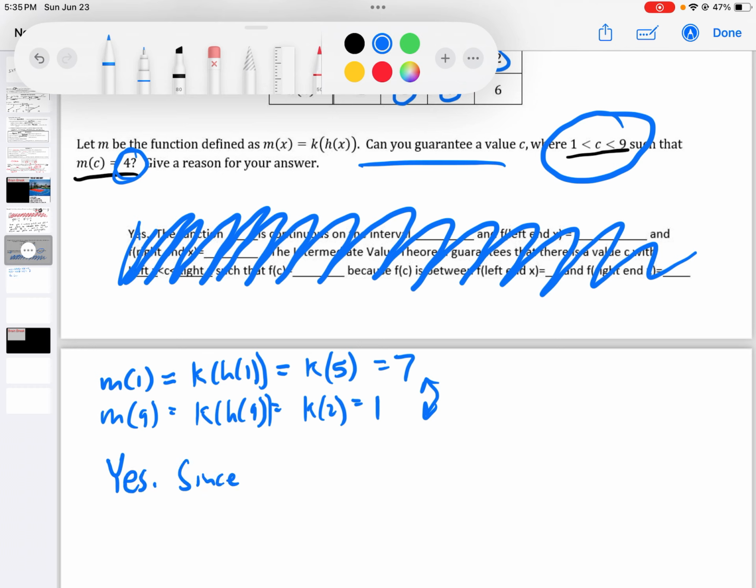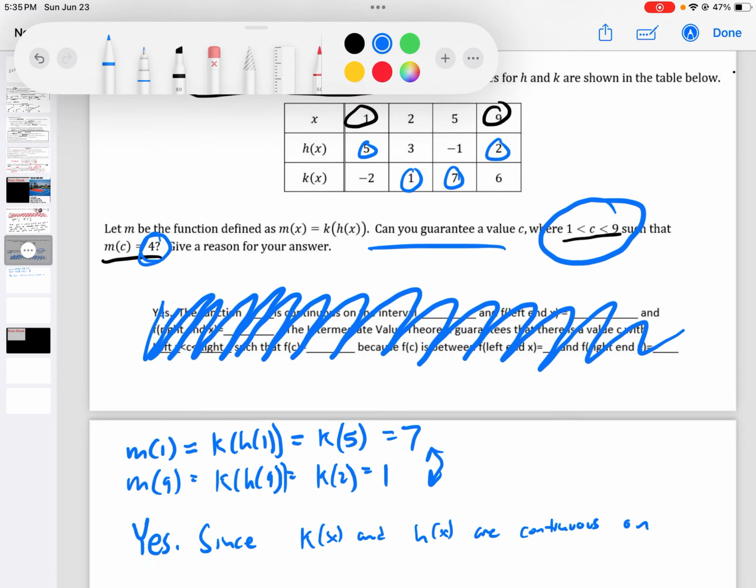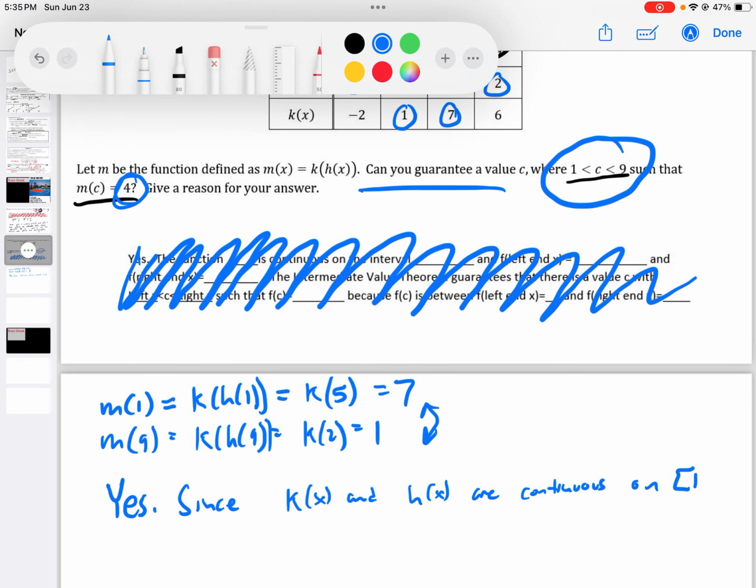Can you guarantee? Yes. I'm going to say since k of x and h of x are continuous on the closed interval [1, 9], so is m of x.